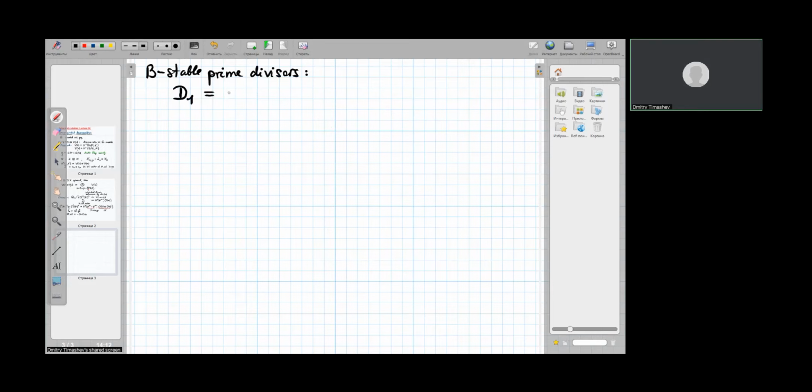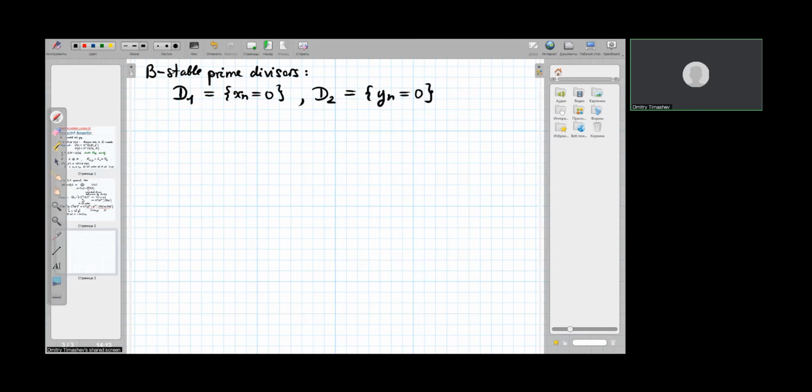D1 is given by the equation xn equals 0. Essentially, we have a prime divisor on the first factor, P^(n-1), and then take the whole inverse image of this divisor on the double flag variety, on the product of two copies. And similarly, we have the second divisor of the same form, D2. It is given by the equation yn equals 0.